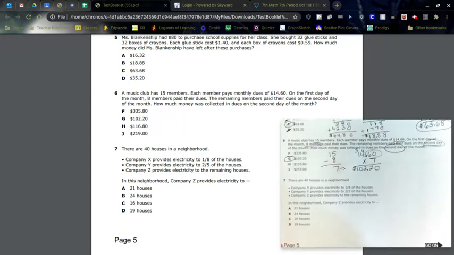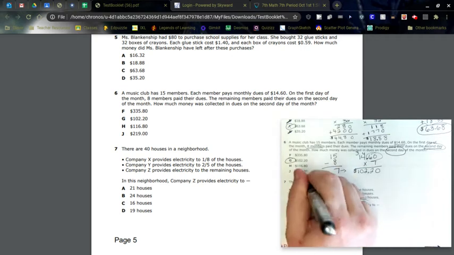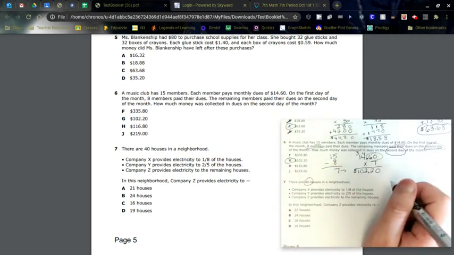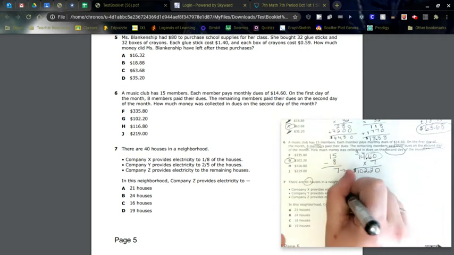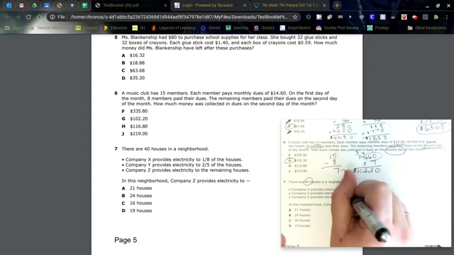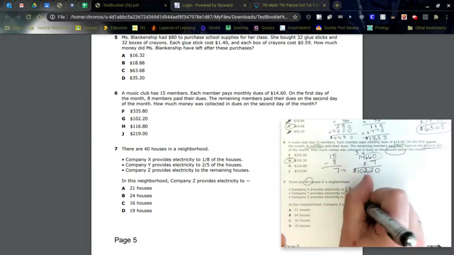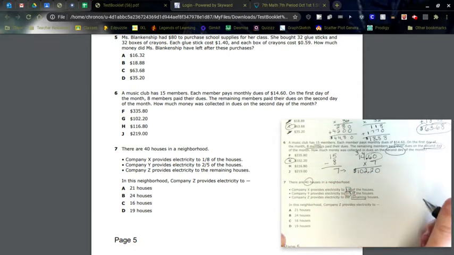There are 40 houses in a neighborhood. So we have 40 houses in a neighborhood. Company X provides electricity to 1/8 of the houses. Company Y is 2/5 of the houses, and the remaining is Company Z. Okay, so remember that one on our quiz and on our examples that we did that I told you need to remember.